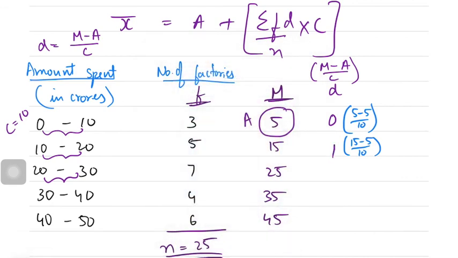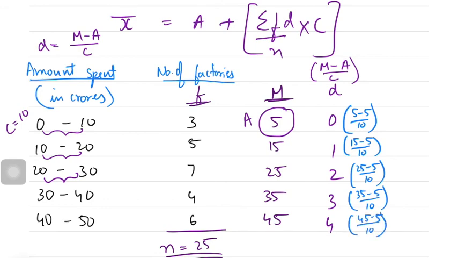Then 25 minus 5 is 20 divided by 10, which is 2, then 3 and 4. The calculations are 25 minus 5 divided by 10, 35 minus 5 divided by 10, and 45 minus 5 divided by 10. So D is 0, 1, 2, 3, 4.